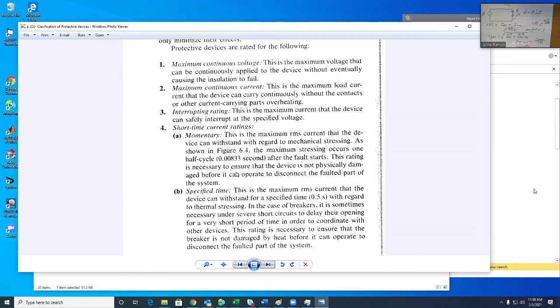This rating is necessary to ensure that the device is not physically damaged before it can operate to disconnect the faulted part of this current.